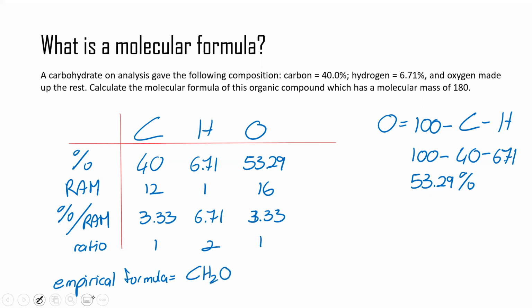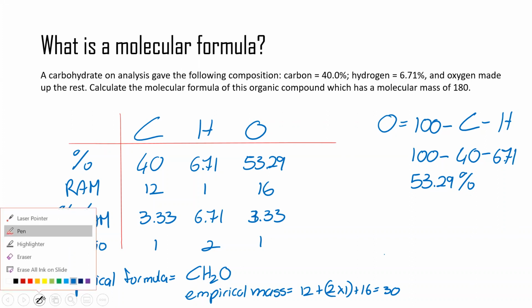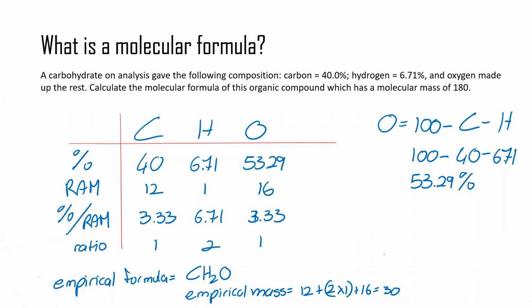And the empirical mass is equal to 12 plus 2 times 1 plus 16, which is equal to 30. As we've seen before, okay?